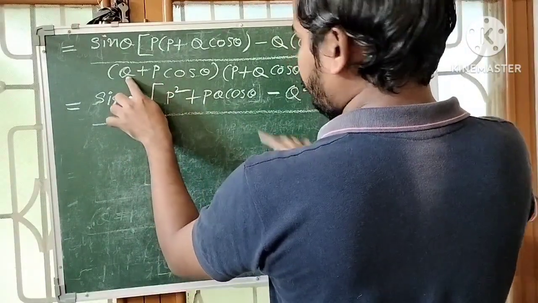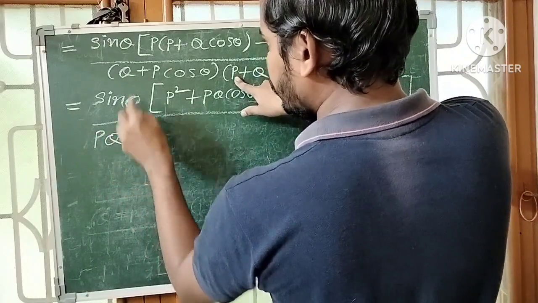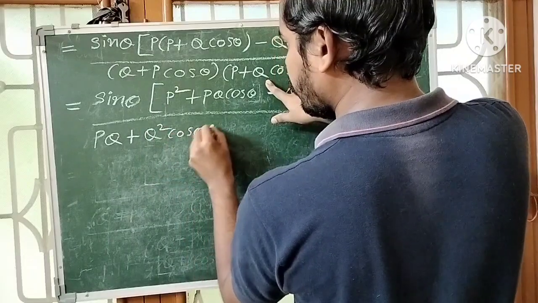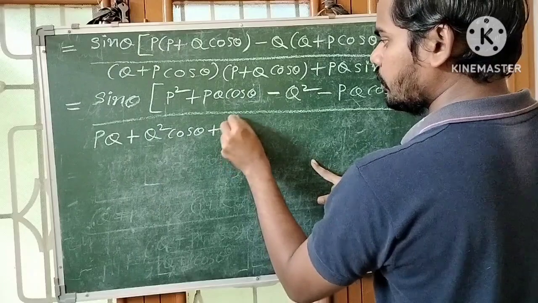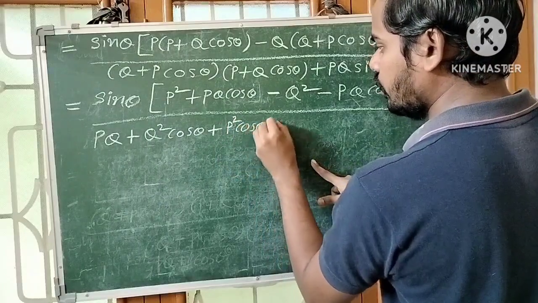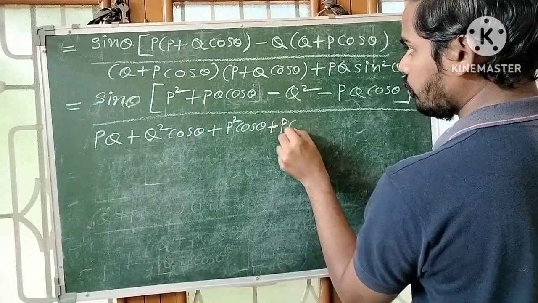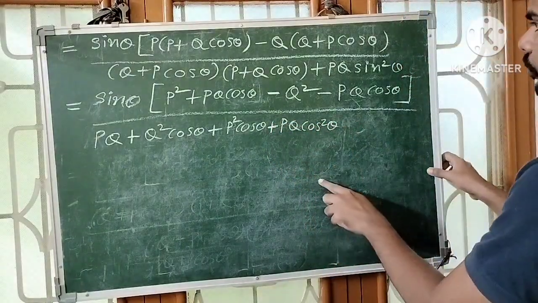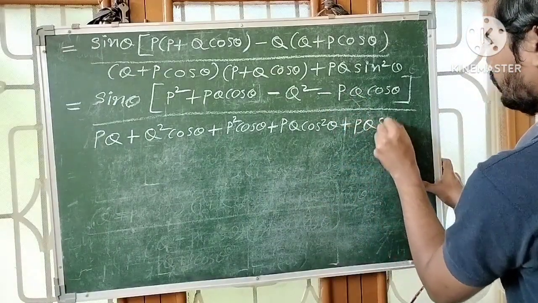Now apply the distributive property: q into p, pq, plus q into q cos theta, q square cos theta, plus p cos theta into p, p square cos theta, p cos theta into q cos theta, pq cos square theta. So pq sin square theta.